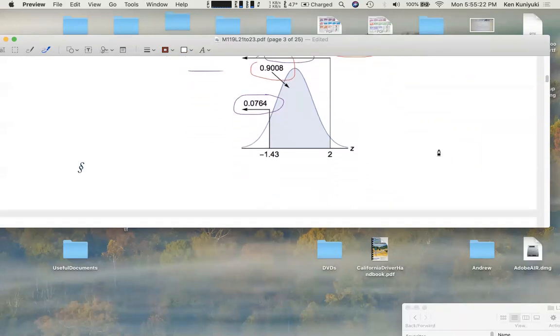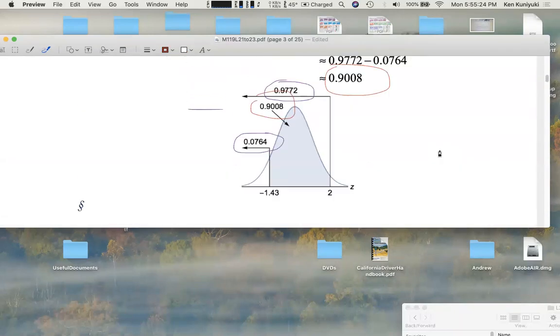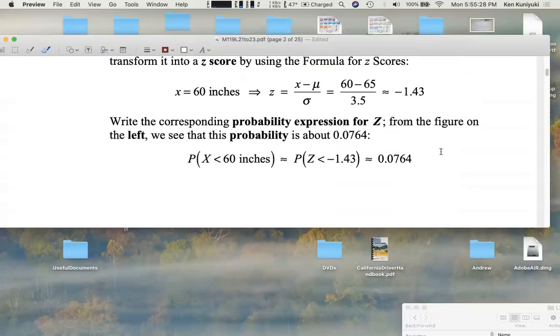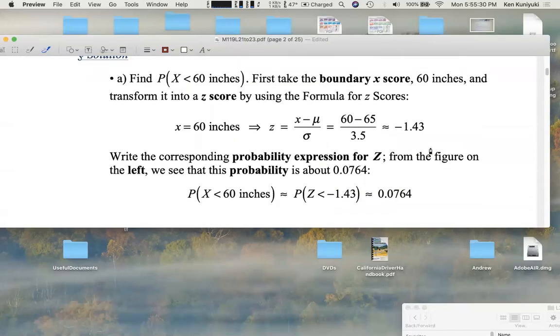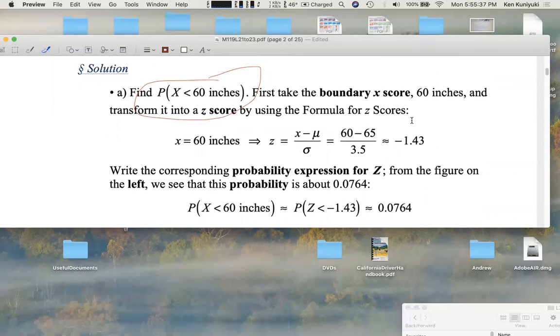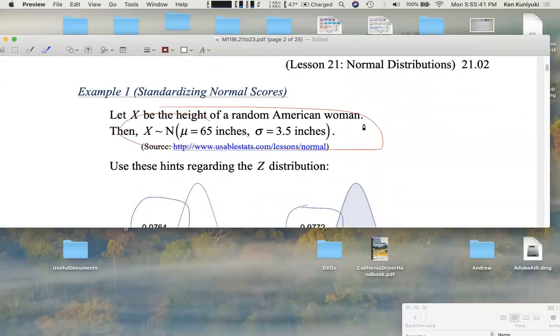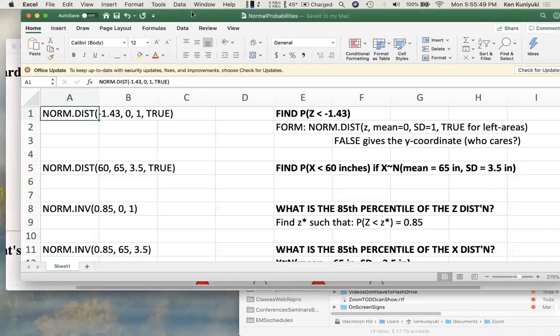Okay, now before I forget, I'm going to show you how to do a calculation using Excel. Let's say we consider this probability: the probability that X is less than 60 inches, assuming that X has this distribution up here, mean 65 inches, standard dev 3.5 inches, normal. All right, let's go to Excel.